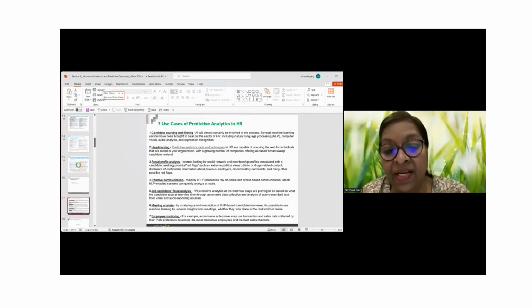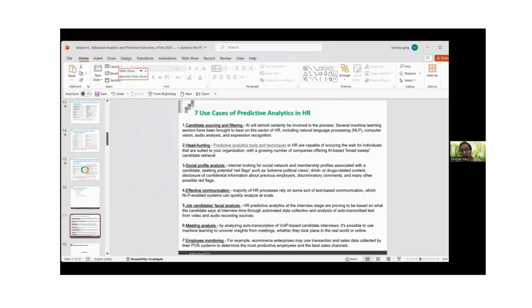And there are several established cases where organizations have used predictive analytics. For example, in my first session I talked about the Best Buy company, a retail store selling electrical goods, and how they could establish a correlation between employee satisfaction and their operating income at every store.